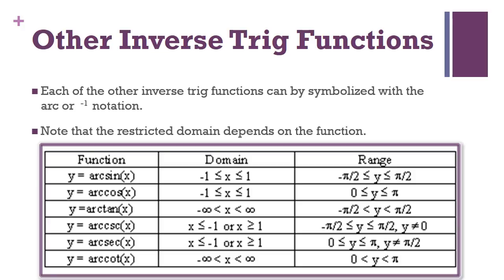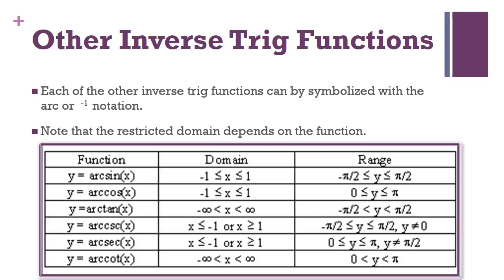The cosine, the secant, and the cotangent will all have the same. So for arc sine, arc tangent, and arc cosecant, the range is going to be -π/2 to π/2. For cosine, cotangent, and secant, it's going to be 0 to π. Okay?